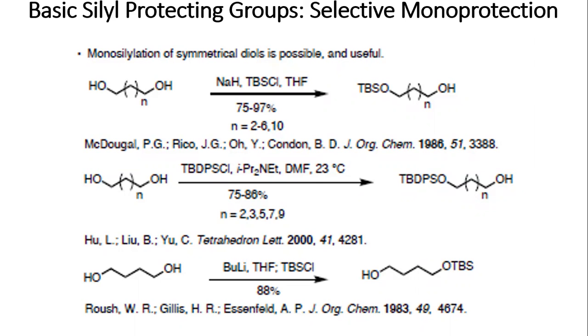Again, that's selective, 75 to 86% yield. And then you can see on the bottom with butyllithium as the base, you can selectively protect one alcohol over the other, 88% yield. That was done by Roush. And again, these are old methods, but they are tested and they work.